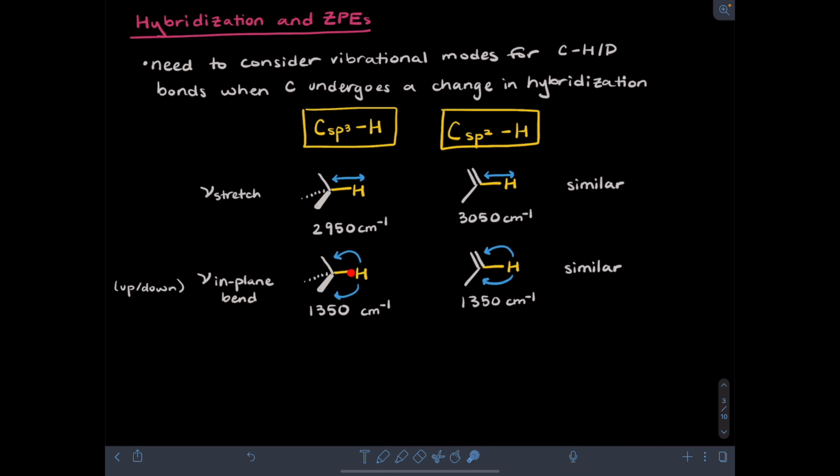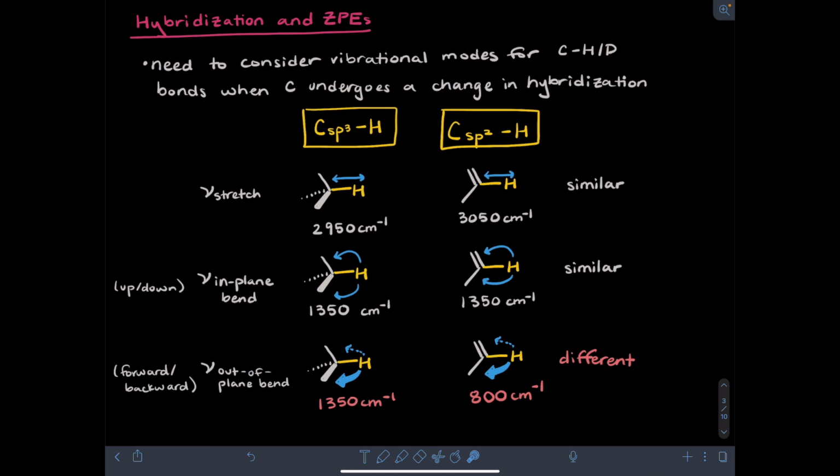Imagine that this CH bond is pivoting up and down in the plane of the page. This in-plane bend occurs at 1350 inverse centimeters, regardless of whether the carbon is sp3 or sp2 hybridized. So these are similar values as well.